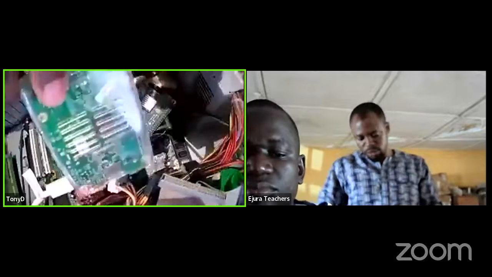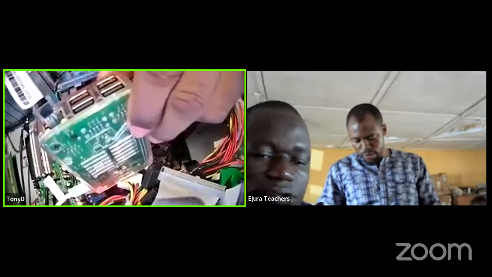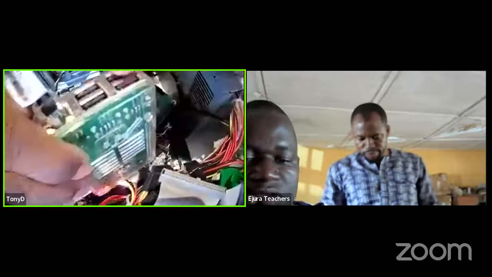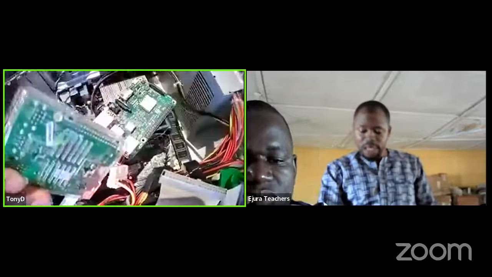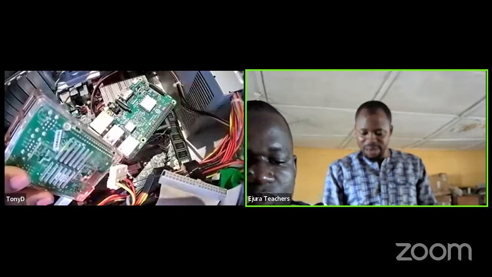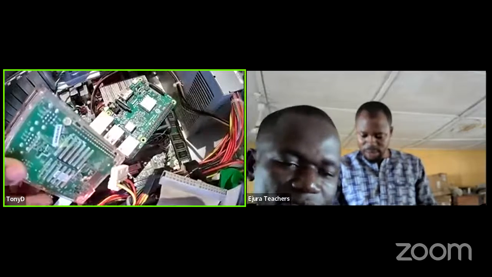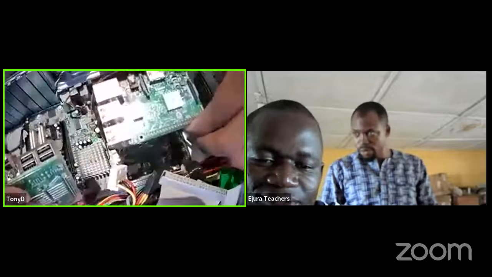You connect your keyboard and your mouse to it, and that is it. You have a computer. This is the same thing as this one right here.